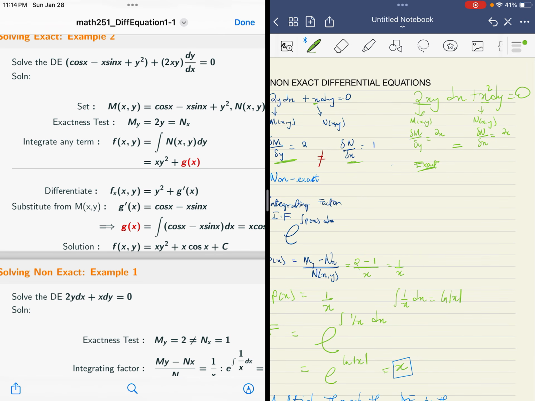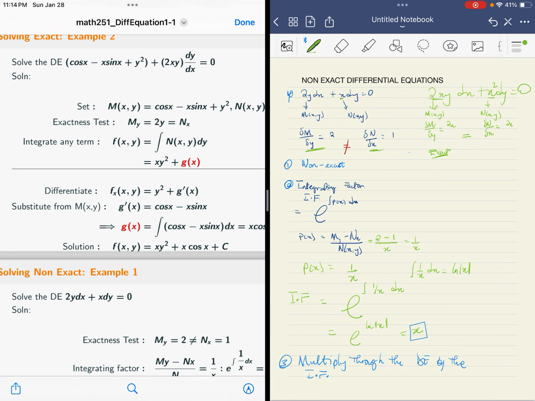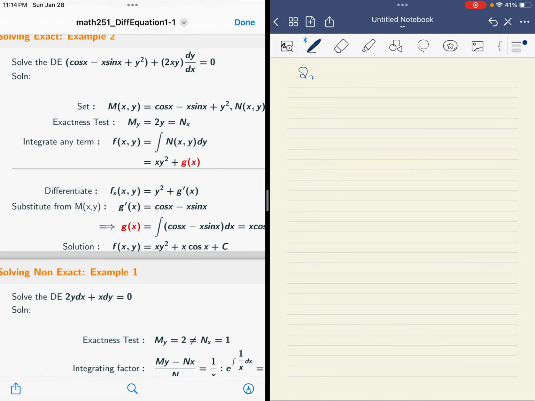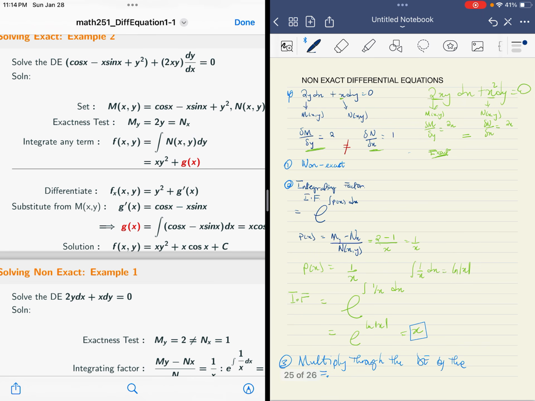So we have 2xy dx plus x squared dy. I'm just going to flip because my page is full.